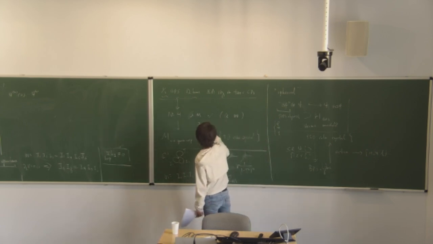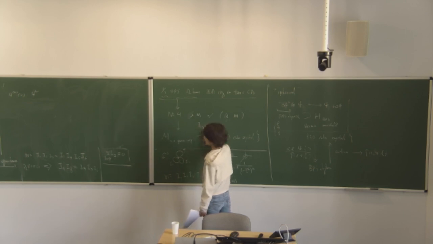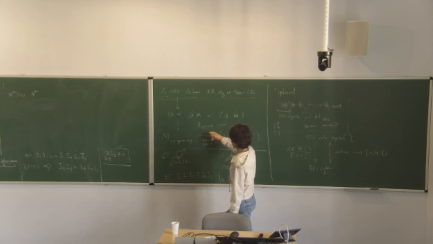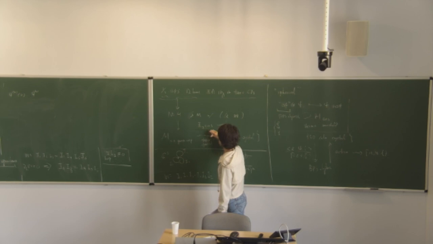Yes. Each vertex corresponds to a gauge group. So this is the bifundamental transforming along this. This gives you a quiver representation.